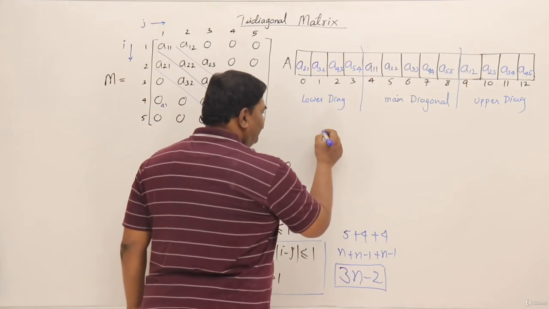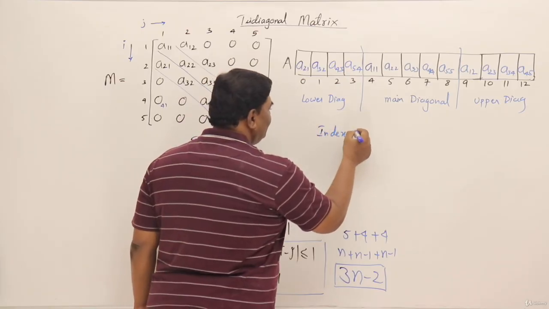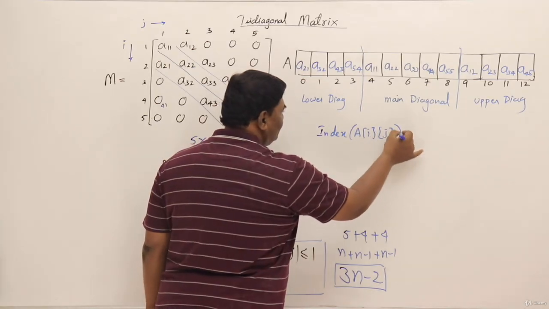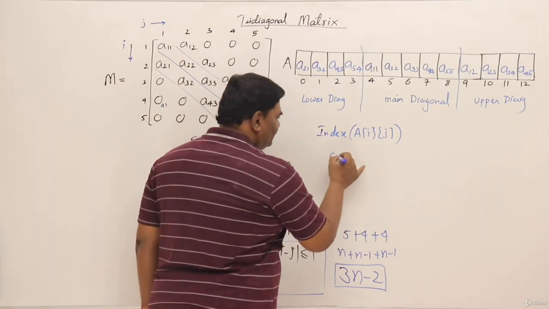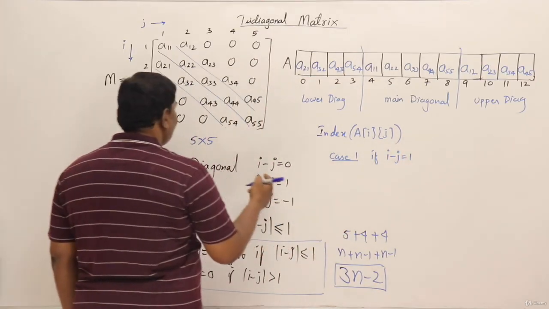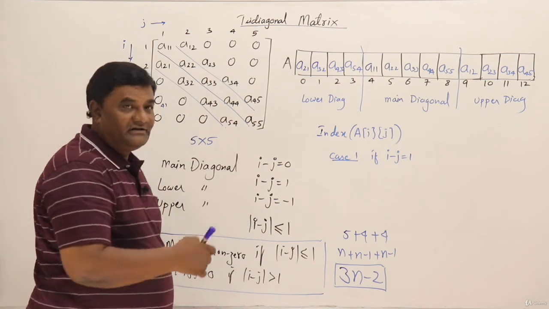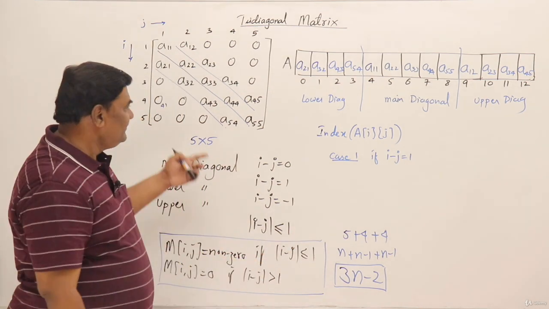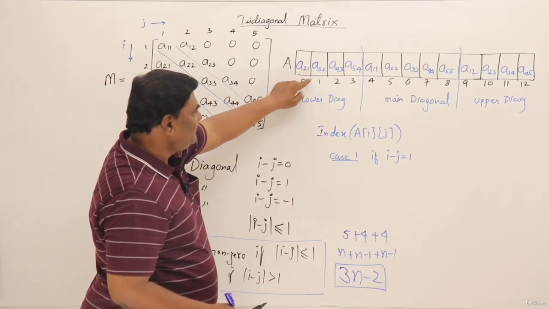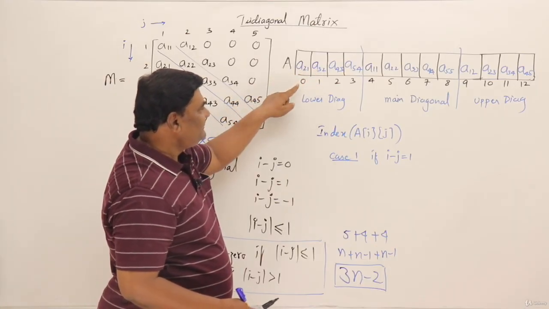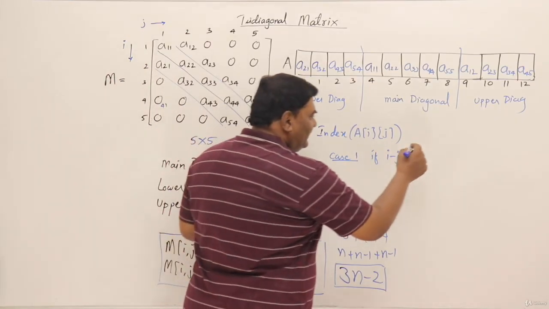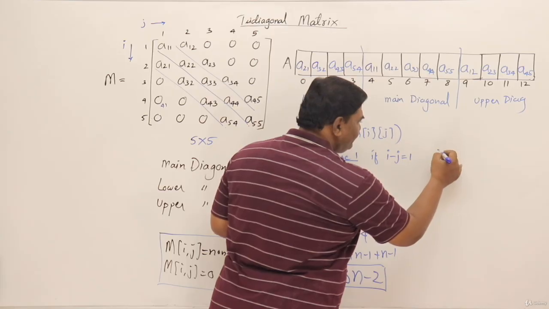If I want the index of any element a of i comma j, then case 1: i minus j is equal to 1, which means lower diagonal elements.